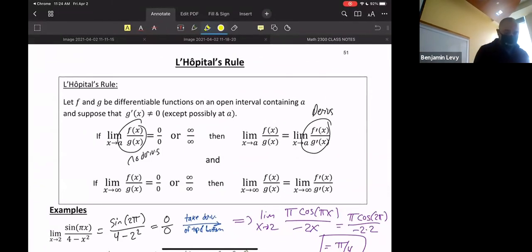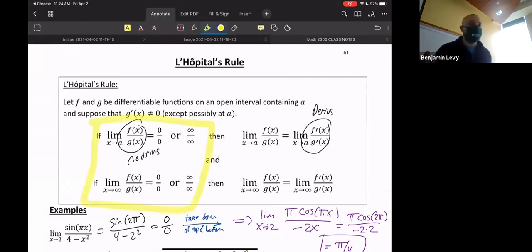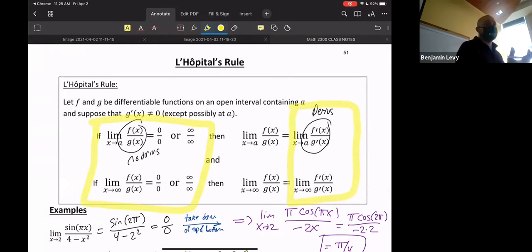It says, if you try to do these limits on the left that I've got boxed in yellow, either infinite limit or just a regular limit, and you get an indeterminate form, remember that's either 0 over 0 or infinity over infinity, then you can move forward in these limit problems by taking derivatives. The thing on the right says, if you run into this problem, try taking derivatives of the top and the bottom and then evaluating the limit again, because it turns out that the ratio of derivatives is the same thing as the ratio of the original function in terms of these limits.